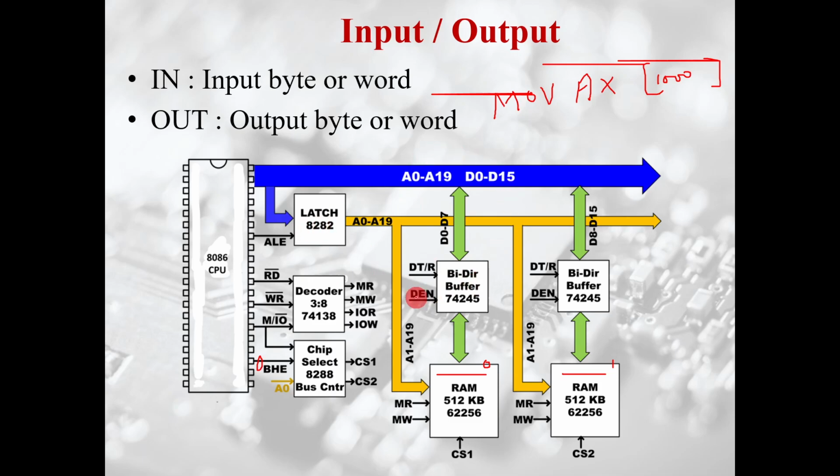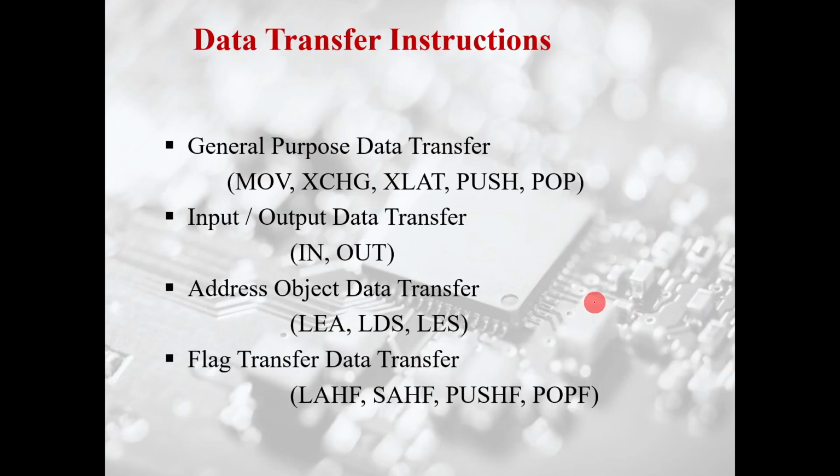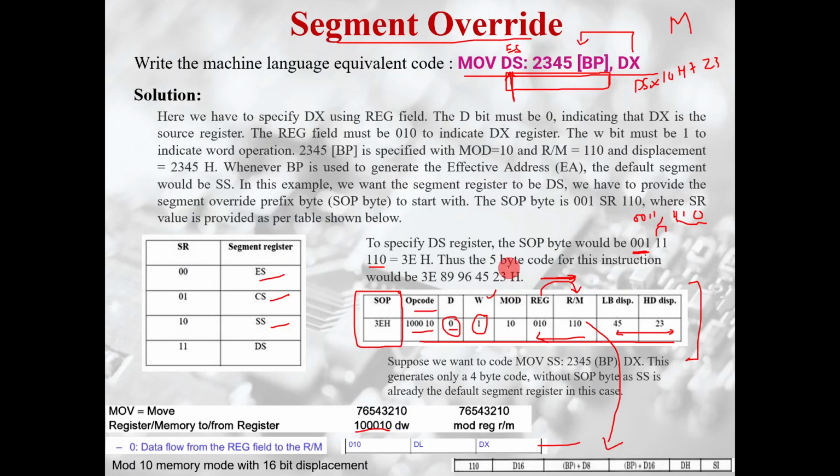However, when I write an instruction of in and out, this is the move instruction. Move always brings data from the memory or within registers, but the moment I write instructions starting with in and out, it means it is going to get data from a port.